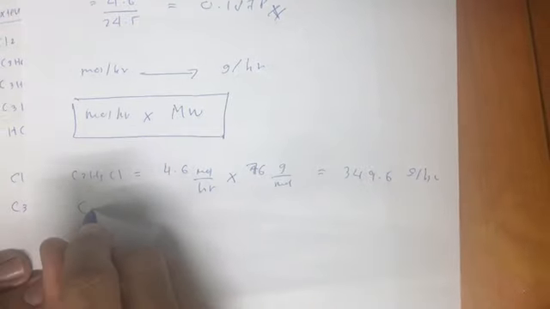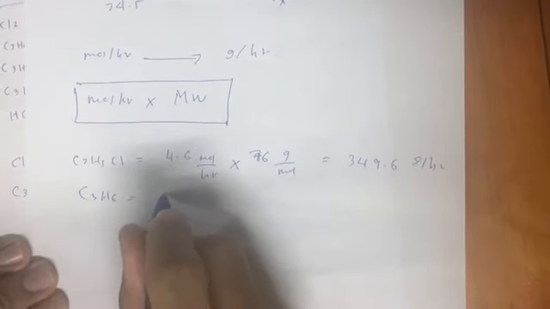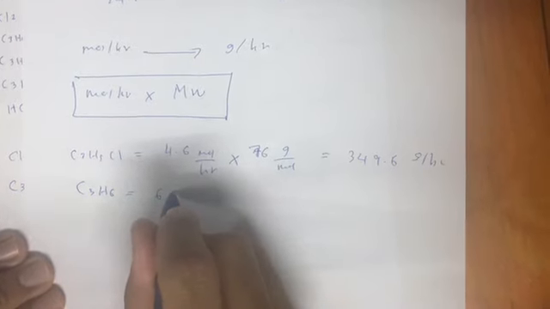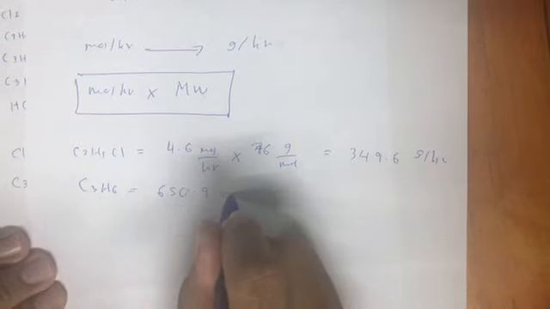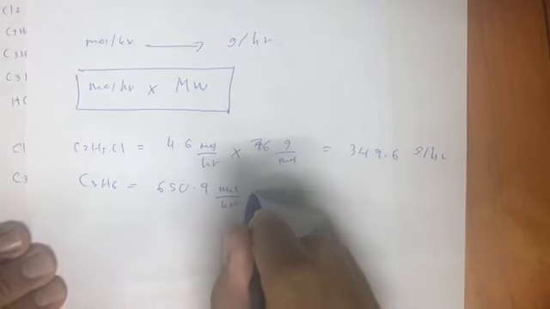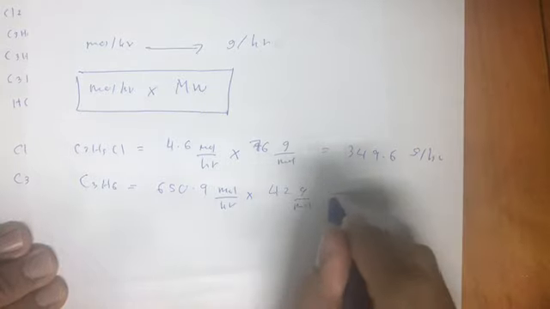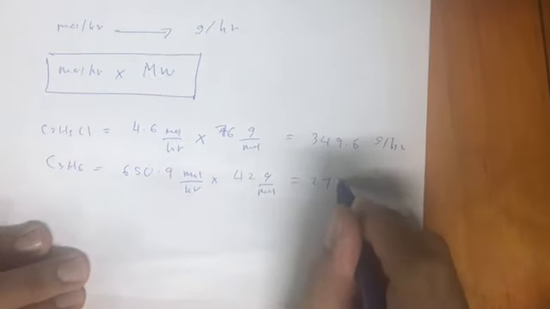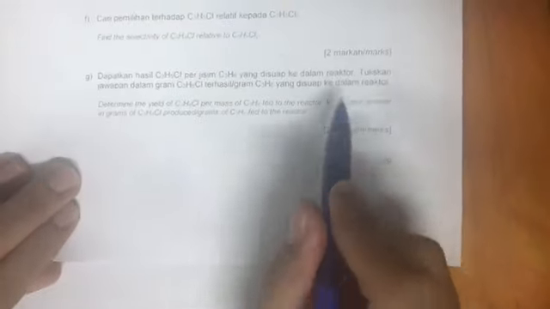And next is C3H6. The mole flow rate is 650.9 mole per hour times 42 gram per mole, and that is equal to 27337.8 gram per hour.